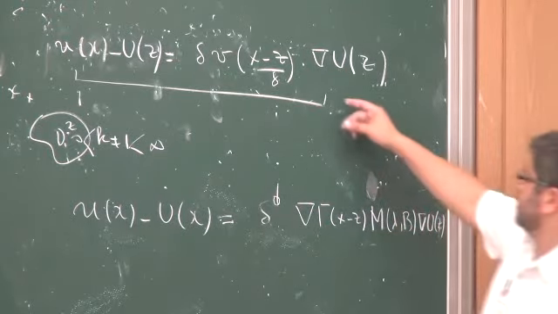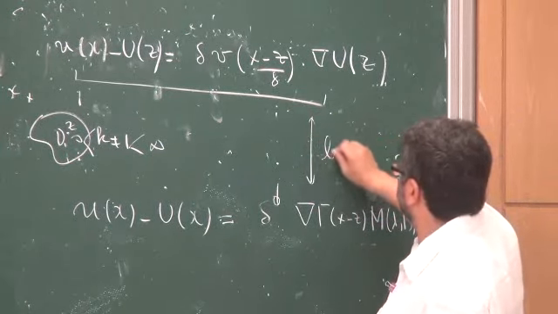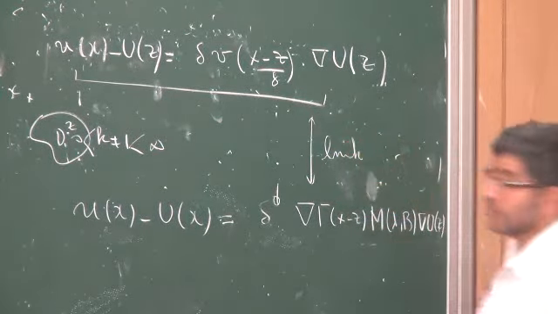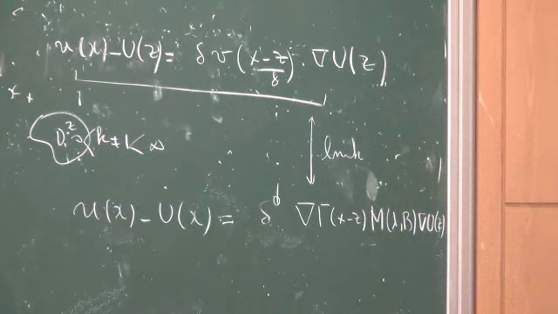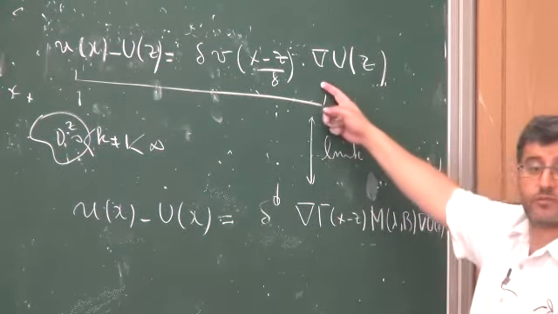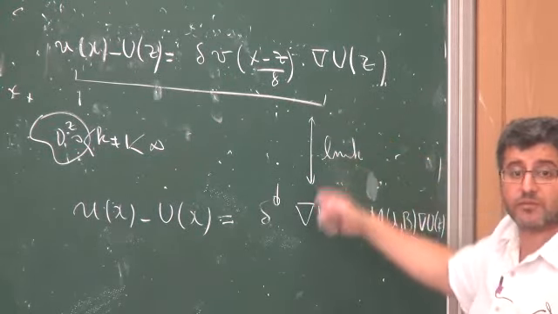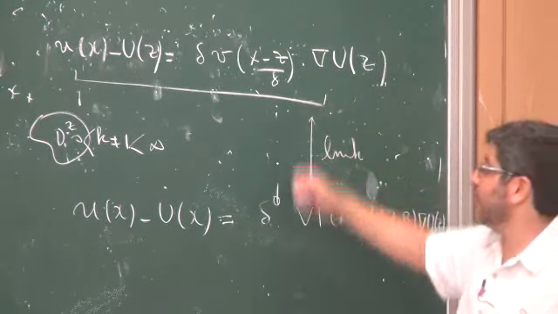So what's the link between this one and this one? This one doesn't hold for near field, but this one holds for far field. And the link is just the behavior of V.